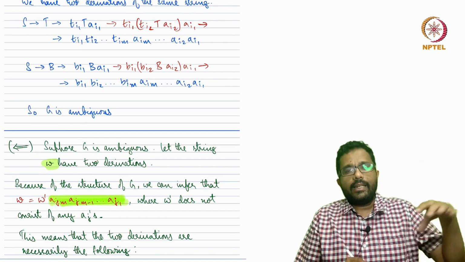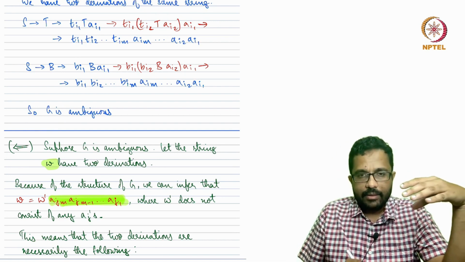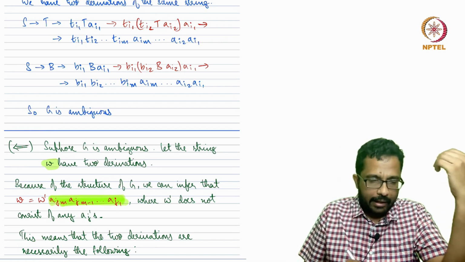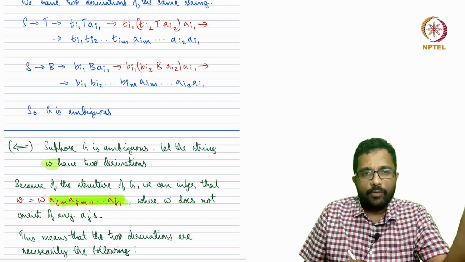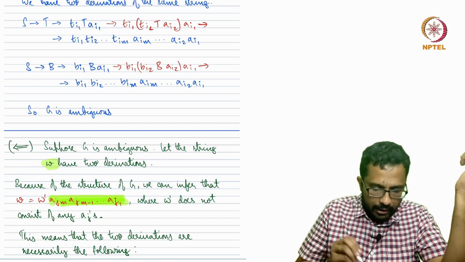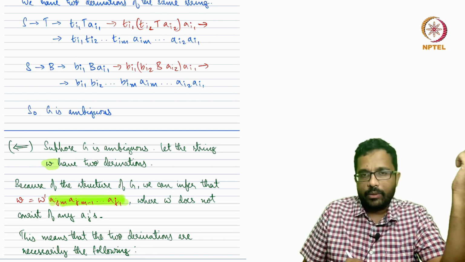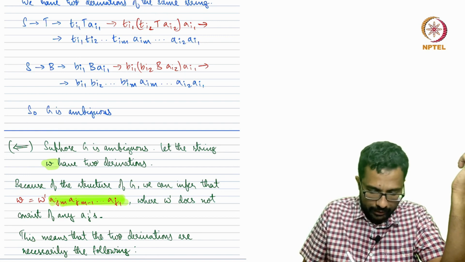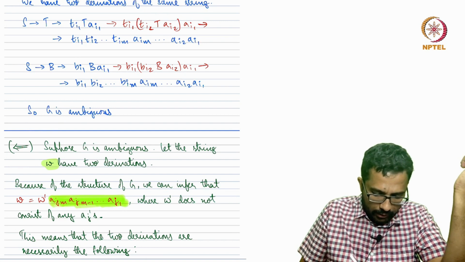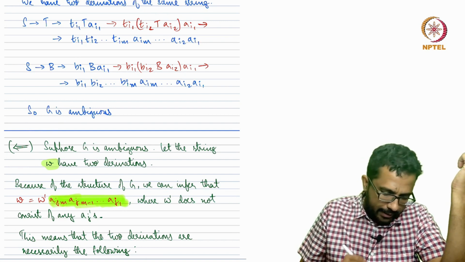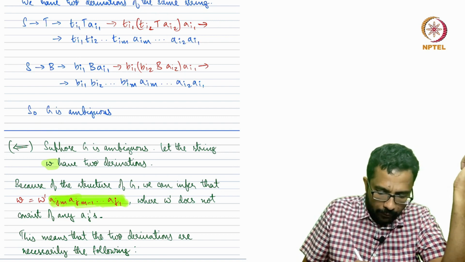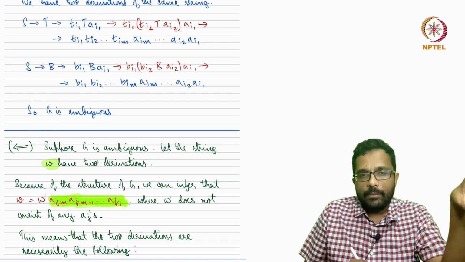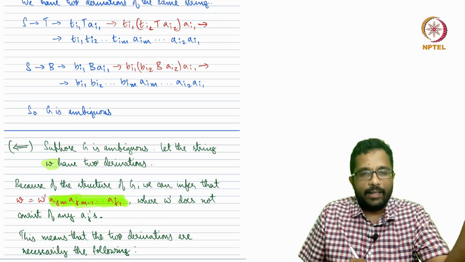So let the string derived ambiguously end with ajm up to aj1, right? Let's write this formally. Let w be written as w prime followed by this, where w prime is free of any edges.